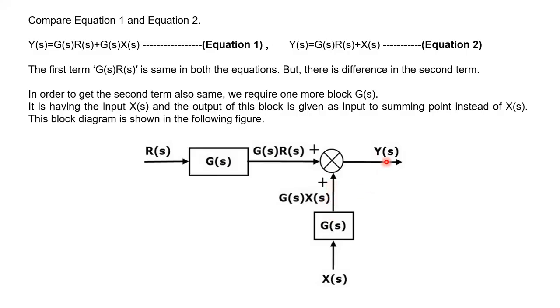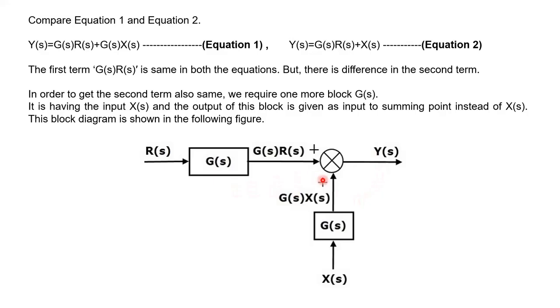Now if you see Y of S in this particular diagram, it becomes G of S R of S plus G of S X of S, because at the summing point both the inputs are getting added. We are performing the summation operation here. So G of S R of S plus G of S X of S. Now if you compare this new equation, it is similar to equation number 1. So that means our original output is now the same.